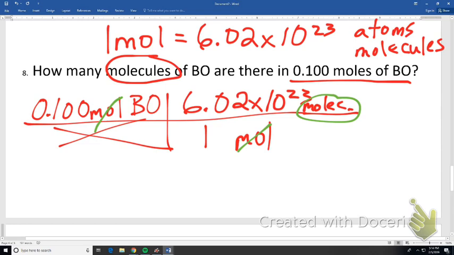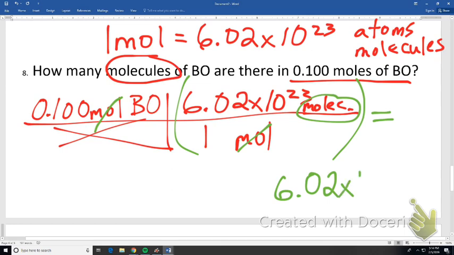Now I'm going to put this in my calculator. So 0.1, open parenthesis, 6.02 E23 over 1, close, enter. And I get, I'm going to write this down here, 6.02 times 10 to the 22.